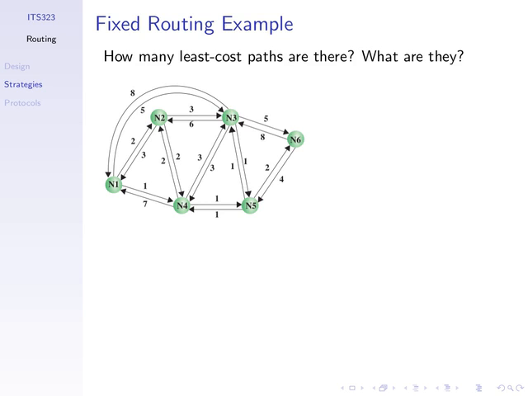That gives us 5 paths. So node 1 should have 5 paths to all the other 5 nodes, and same for the other nodes. Node 2 needs a path to node 1, node 3, node 4, node 5, node 6. So node 2 needs 5 paths, node 3 needs 5 paths, we need a total of 30.